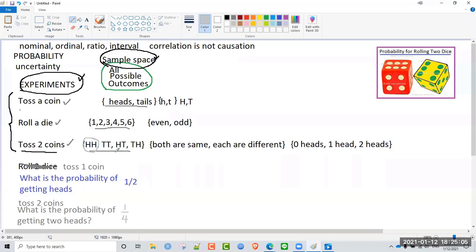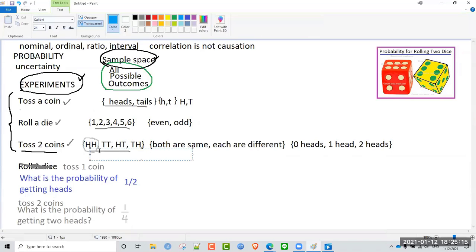But I think we can accept that these outcomes are equally likely.